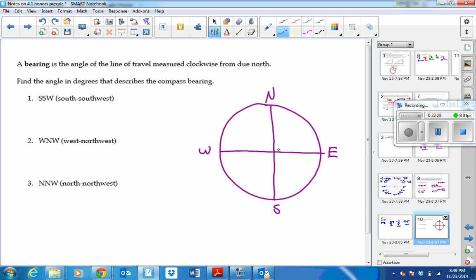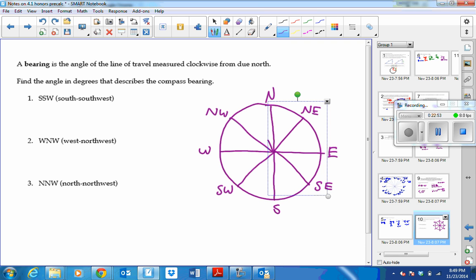Exactly halfway in between north and east is northeast, halfway in between south and east is southeast, halfway in between south and west is southwest, and halfway in between north and west is northwest.